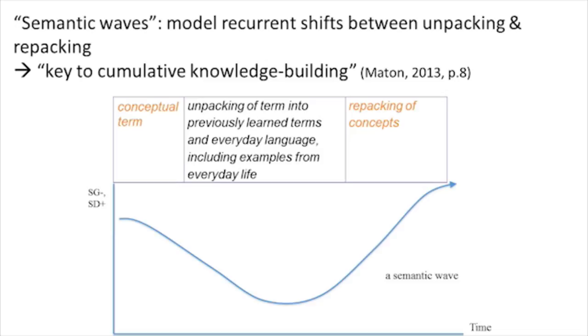For example, you have a conceptual term, which is cilia in biology, which are little hairs lining your respiratory system. Then the teacher can unpack the term into previously learned terms in the unit of work, and also everyday examples using everyday language referring to those phenomena.